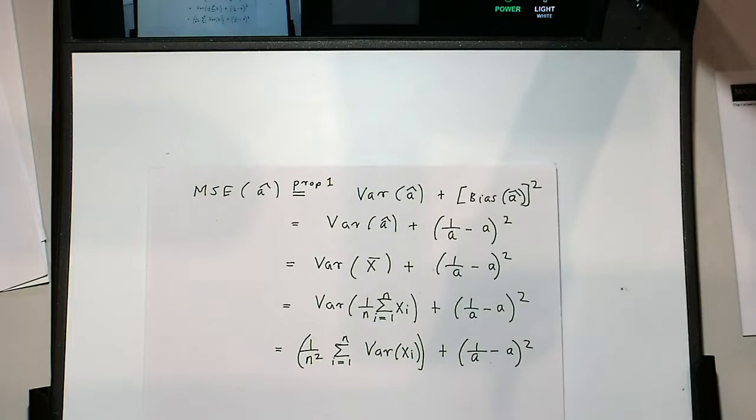Now the variance, if you look at these formulas again, the variance of an exponential is 1 divided by lambda squared. So in this case it will be 1 divided by a squared.